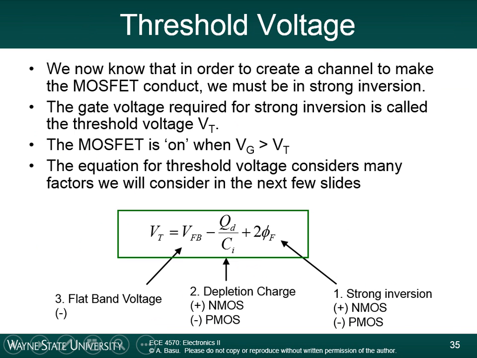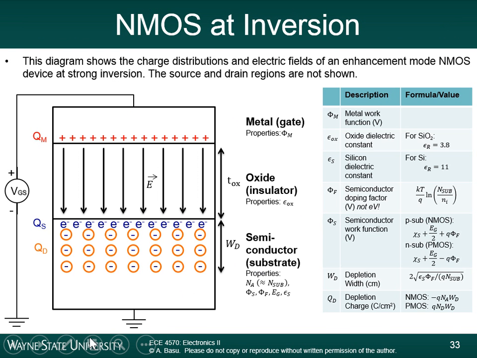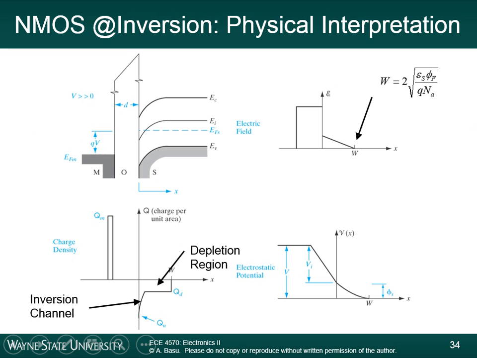Once we get down here, there's a bunch of negative charges. There's a high concentration of mobile electrons. We call that the surface charge, QS. And then there's a lower density of electrons due to what's called the depletion charge. So there's a high concentration of electrons here due to the inversion channel, and the depletion charge is a little bit less charge density, but still you have the negative charge density.